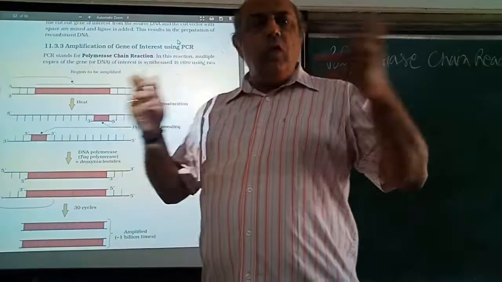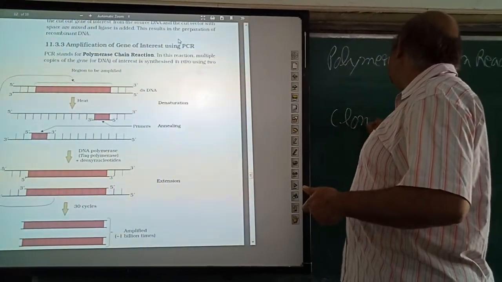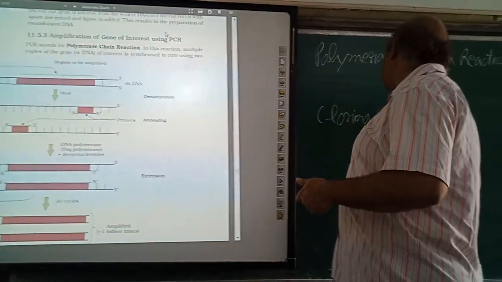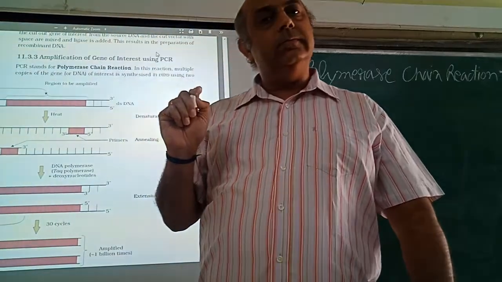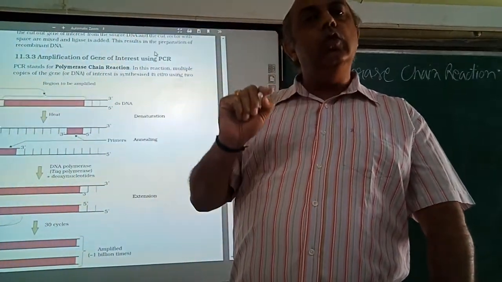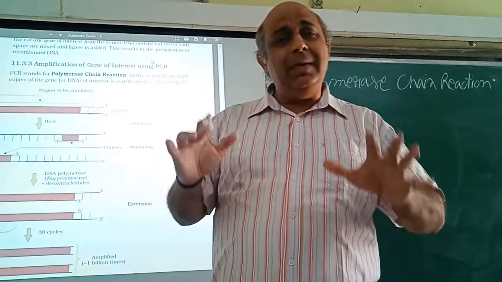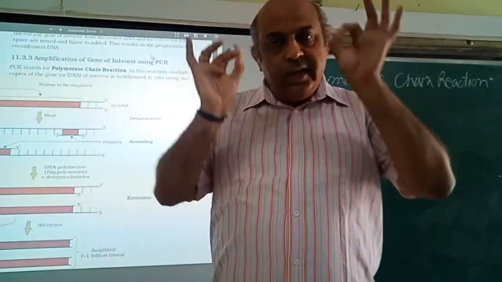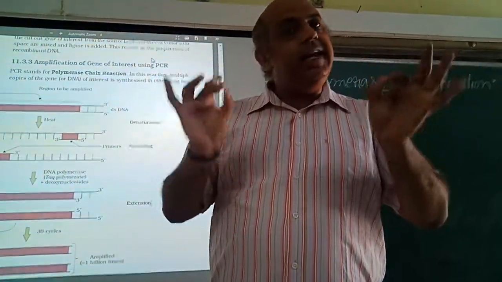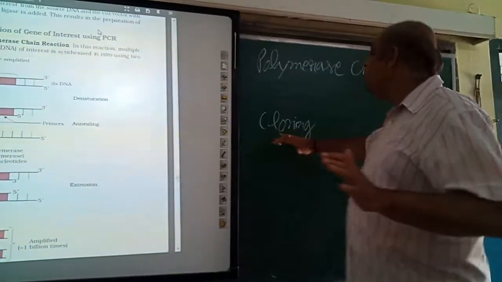You already know one term, that is cloning. Do you remember? I told this term in my lecture number 1 when I told you the important definitions. What is cloning? Cloning means to increase the copies of a DNA segment. And over here, we are not using the word cloning.